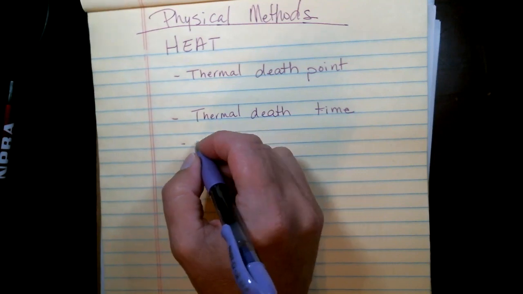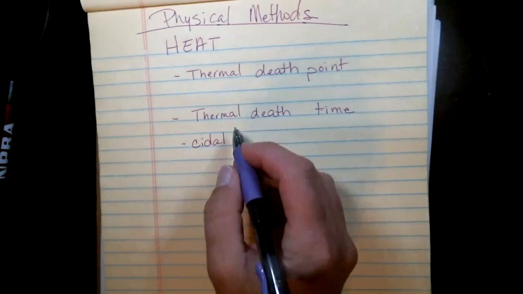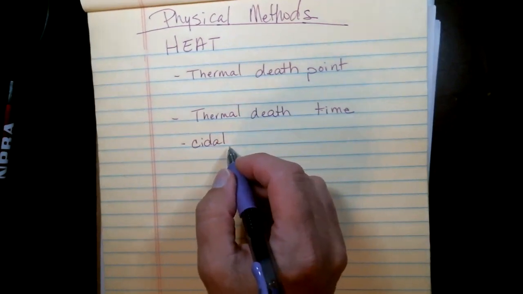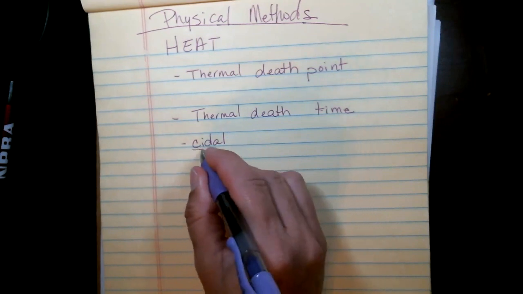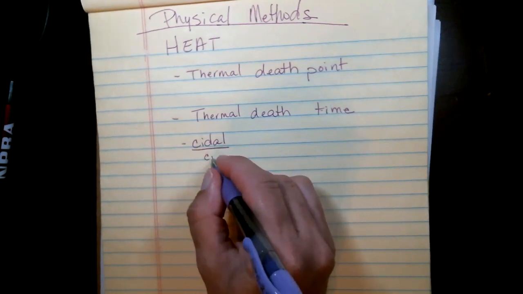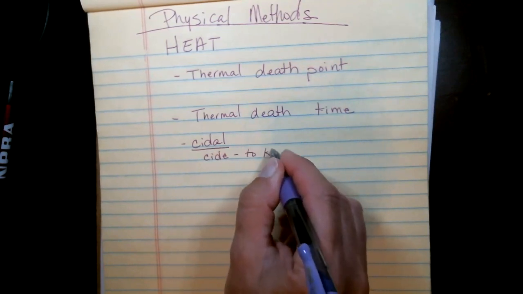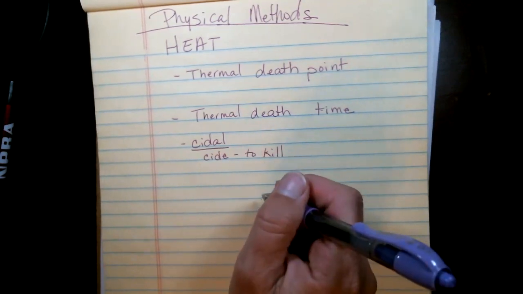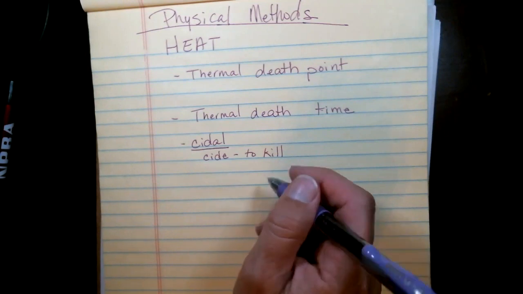These terms are very important because you may see something that says it's bactericidal or fungicidal or virucidal. If something ends in cide, that means to kill. So if it's virucidal, it kills viruses. If it's bactericidal, it kills bacteria.